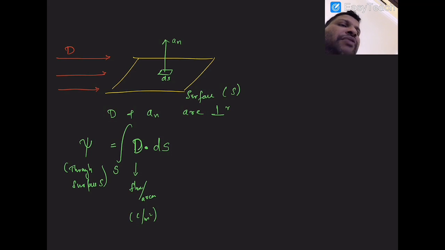If you multiply with the area, you will get the flux through the small area ds. Then if you integrate, you will get the total flux. So this is the definition for the flux through an area.